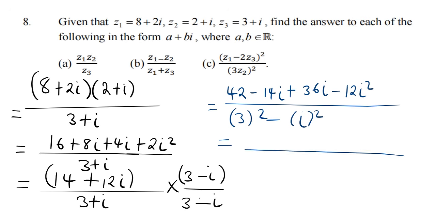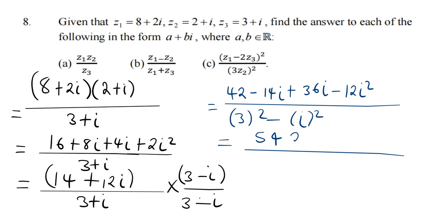Now we solve what we have on top. i squared is negative 1, then there's a negative here, so we're going to have positive 12 there. Positive 12 plus 42, we're going to have 54. Then when you add the ones in the middle, we've got negative 14i plus 36i, that would be 22i.